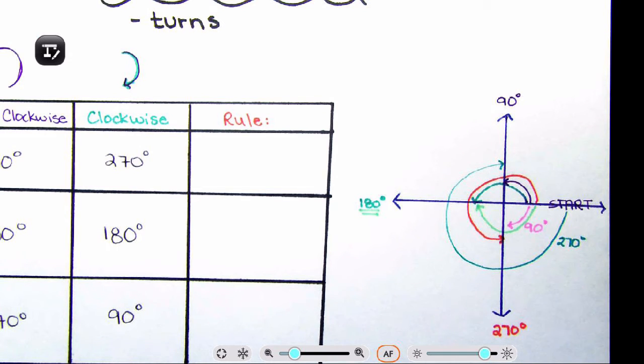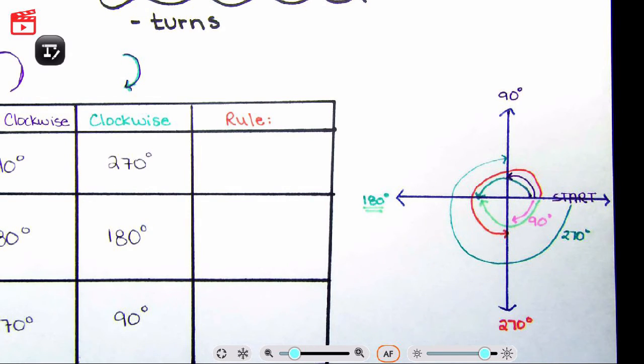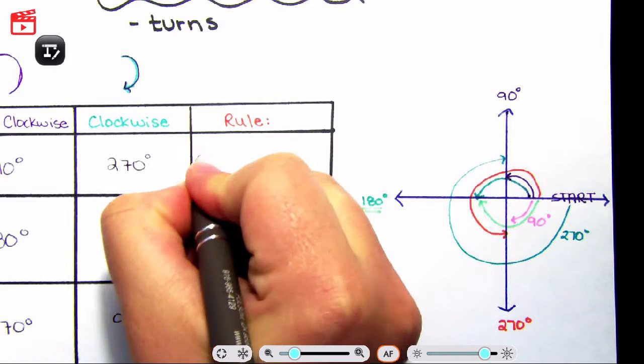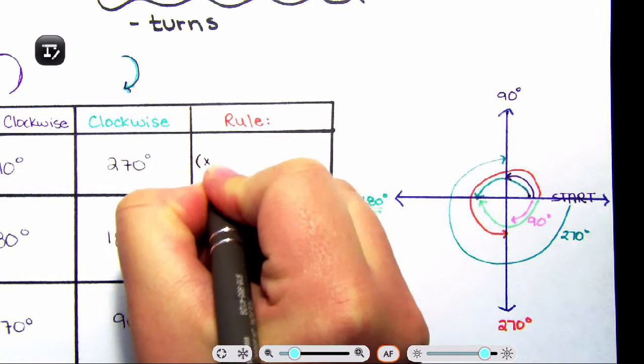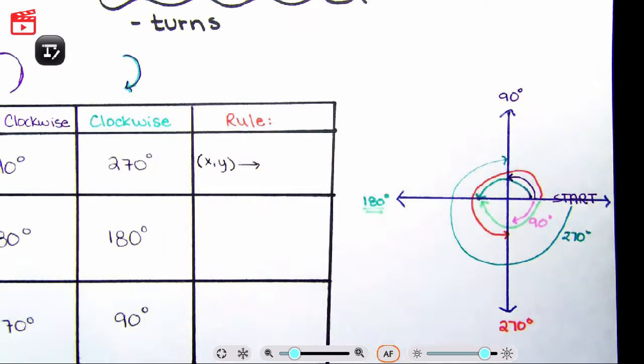So knowing which direction to go is super important, because that's going to depend on what rule you use. Let's talk about the rules. Just like when we did translations, reflections, and dilations, we're going to have a starting original point, and that point's going to change a certain way.